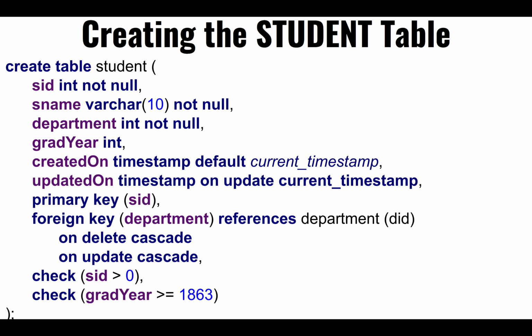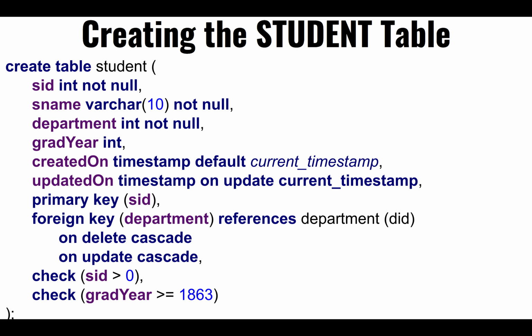Okay, and we're saying, what should happen if the department is removed? We're going to cascade the delete and we're going to cascade the update. Meaning, if the department is removed, the student is removed. If the department ID value changes from 20 to 21, it will cascade to all the students, and they're still enrolled in the same department.